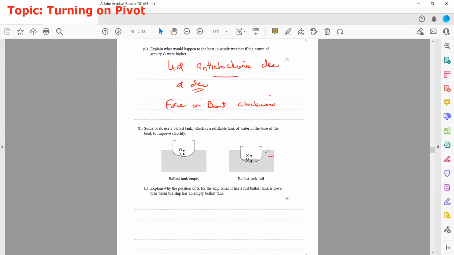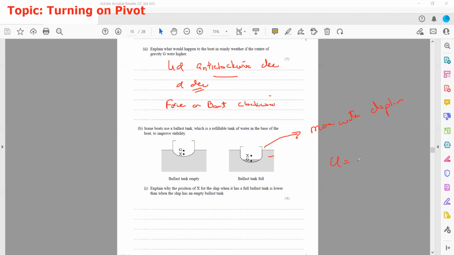When the tank is filled, more water will be displaced, because a greater volume is inside, so the volume of displaced water increases. If the volume of displaced water increases, the upthrust will also increase.